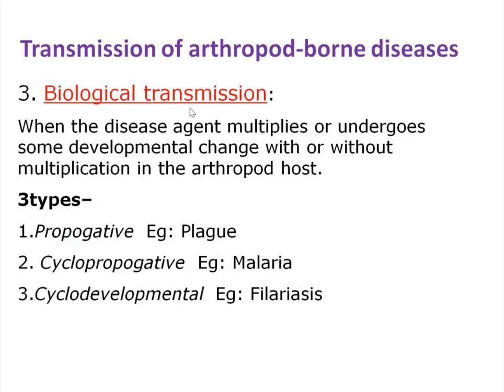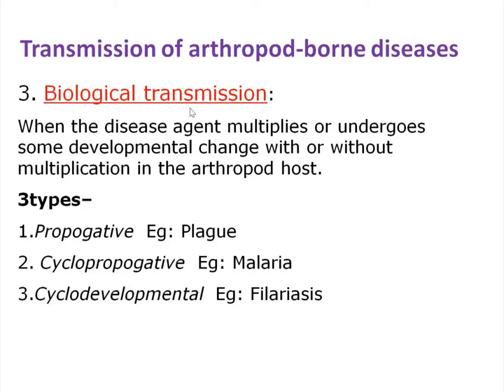So what is meant by biological transmission? Here, the disease agent, that means the agent or microorganism which causes the disease, multiplies in the arthropod or vector. It can undergo some developmental changes, like it can complete its life cycle, or it can multiply its number, like it can undergo reproductive or sexual cycles.